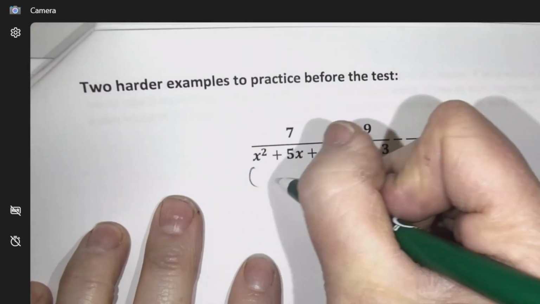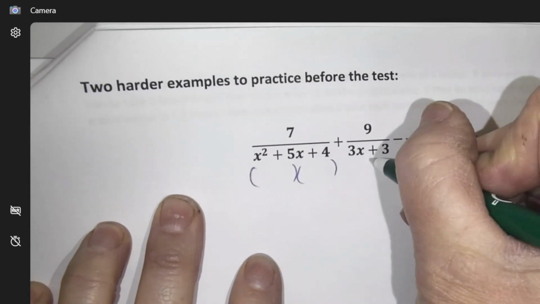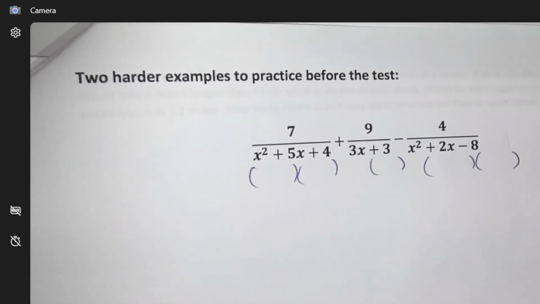Okay, I need you to give me everything factored here. Factor, factor, factor. All 3 of them factor.